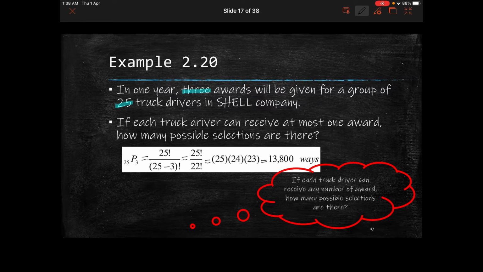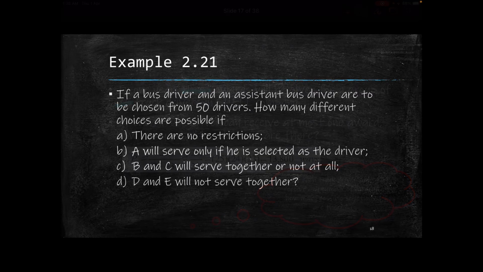What could be interesting is to see if each truck driver can receive any number of awards. How many possible selections are there? Okay, let's try example 2.21. This is quite a long one and interesting. A bus driver and an assistant bus driver are to be chosen from 50 drivers, and there are 4 conditions here.